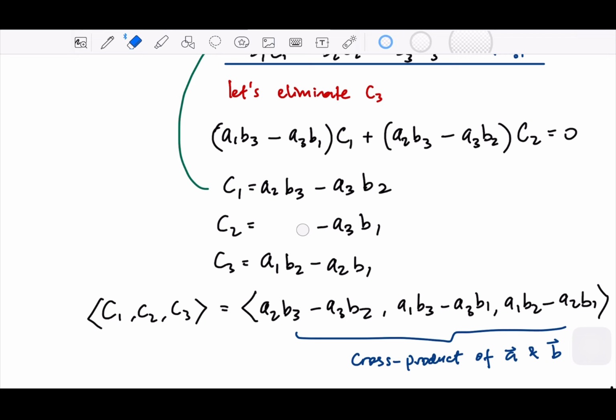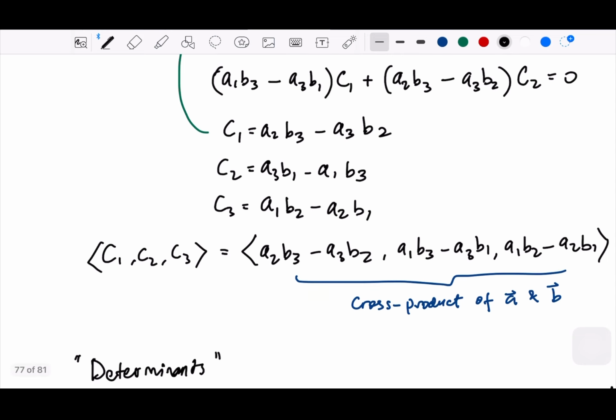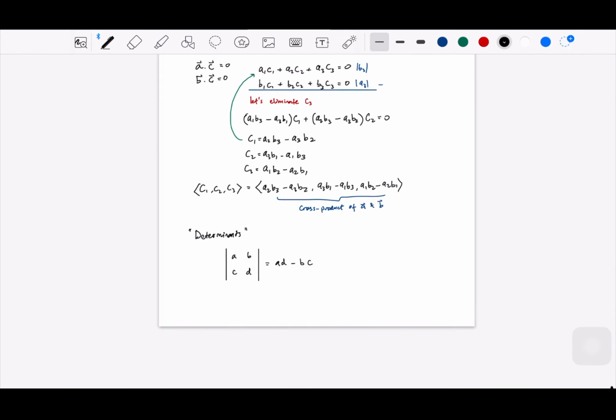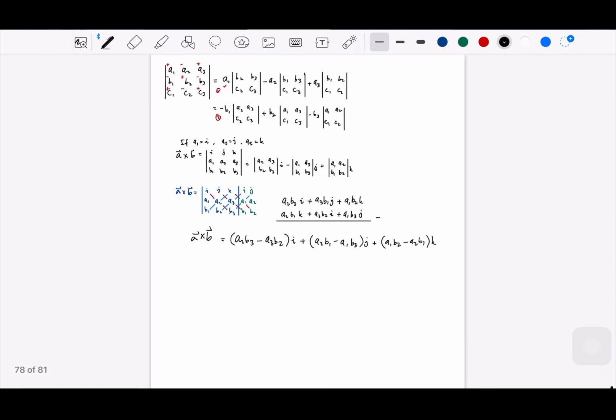Sorry. I need to multiply with the positive. So this will be A3 B1 and then minus A1 B3. I forgot to multiply with the negative here, so that's why it became a little bit different. But the rest is the same. Okay, so that's it, the cross product.